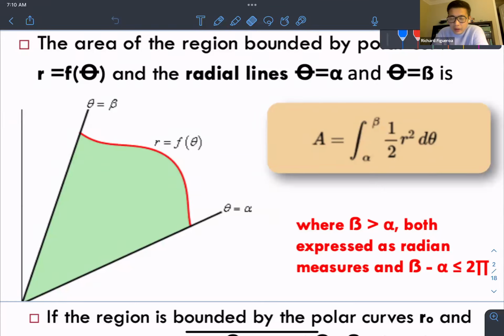Usually that would be 0 to 2 pi. Other than that, sometimes pwede naman palitan. We use some symmetry and then we just multiply. Mga pare-parehas naman siya. So we just multiply a certain factor for us to get the total area.